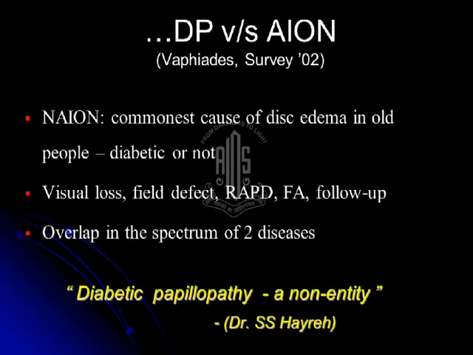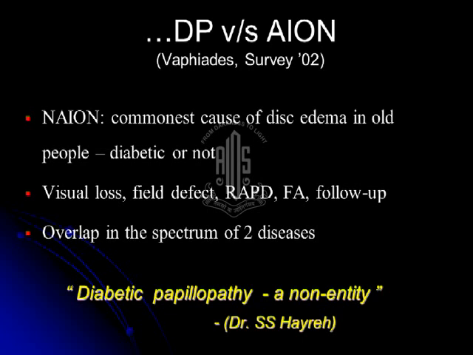NAION, or non-arteritic AION, is the commonest cause of disc edema in old people, in both the diabetic as well as the non-diabetic populations. Differentiated from diabetic papillopathy, NAION is associated with greater visual loss, deeper visual field defects, relative afferent pupillary defects, sectoral hypoperfusion on fluorescein angiogram, and a poorer outcome on follow-up compared to diabetic papillopathy.